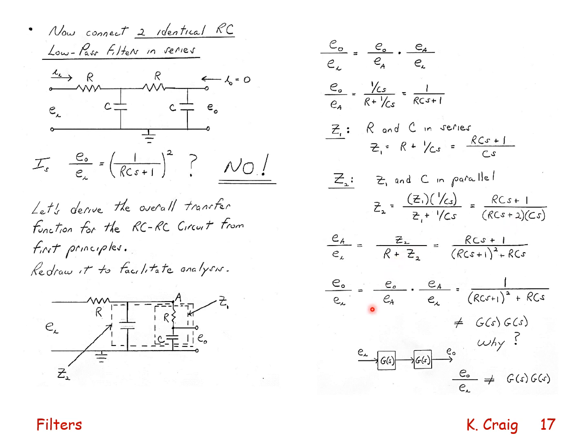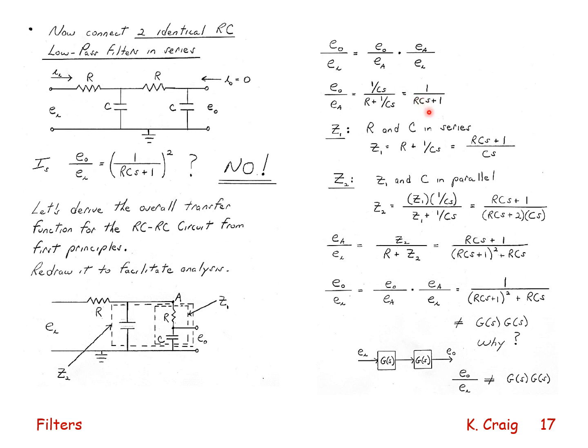Then I can use my voltage divider and say EA over EN is equal to Z2 divided by R plus Z2. And I work through the algebra here. Once I have that, I have EA over EN, which is what I need here. I already have E out over EA, which is right here.